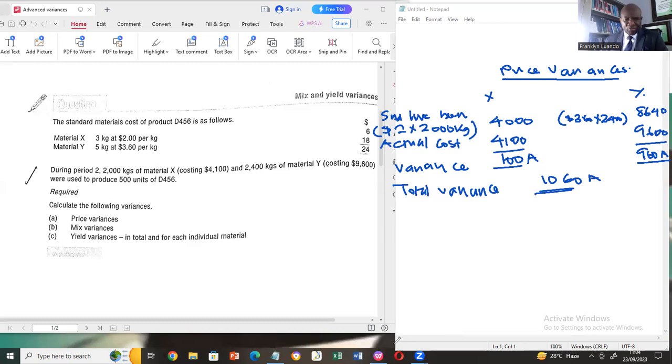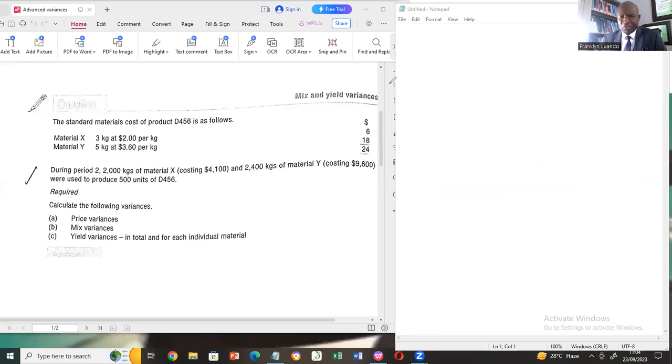Then now, material mix variance. I want you to follow properly. In order to calculate the material mix variance, you need to follow the following steps. The first step is to find the standard mix.